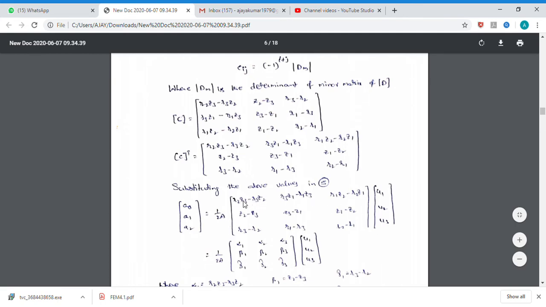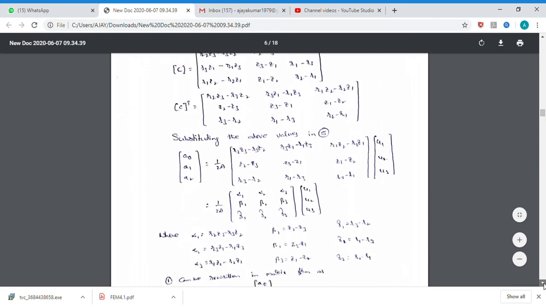Now for writing all of this, let us assume R2 Z3 minus R3 Z2 is alpha 1, R3 Z1 minus R1 Z3 is alpha 2, R1 Z2 minus R2 Z1 is alpha 3, Z2 minus Z3 is beta 1, Z3 minus Z1 is beta 2, Z1 minus Z2 is beta 3, and R3 minus R2 is gamma 1, and so on. Now I wrote this simplified matrix.